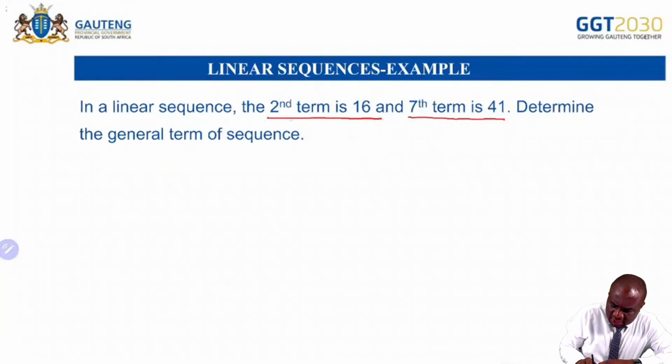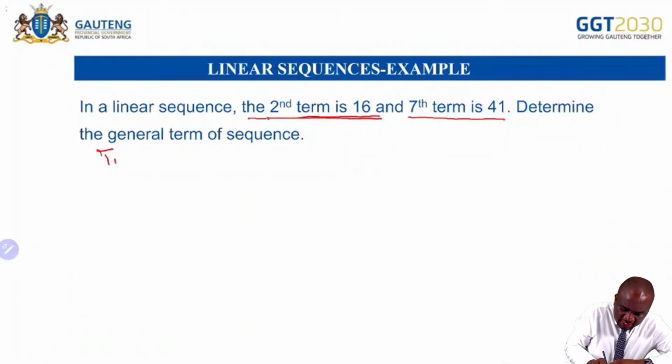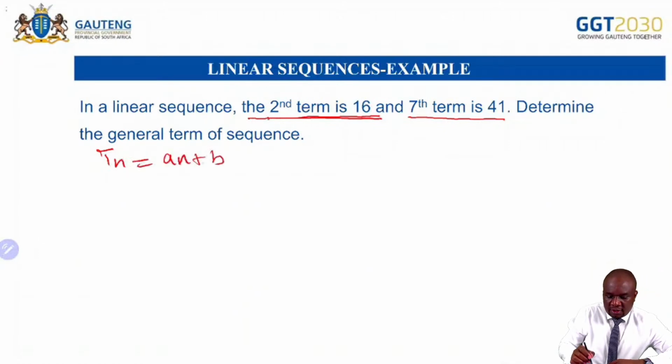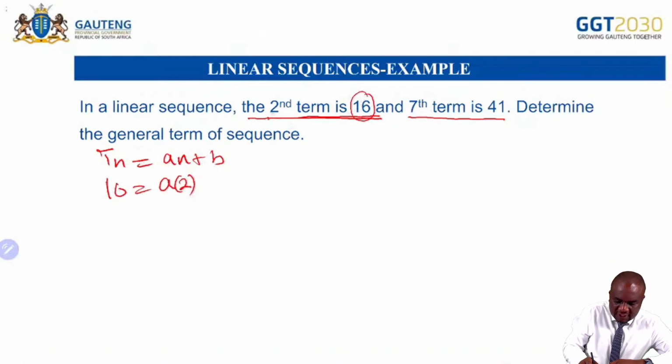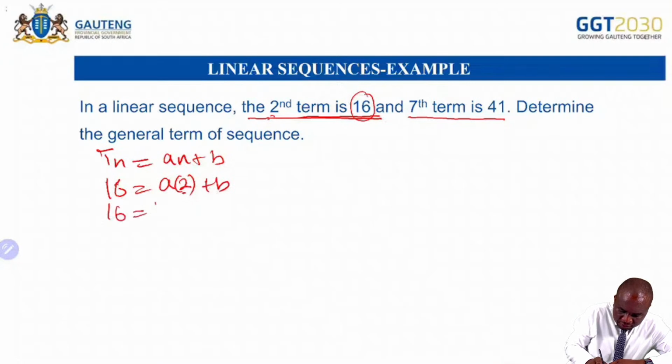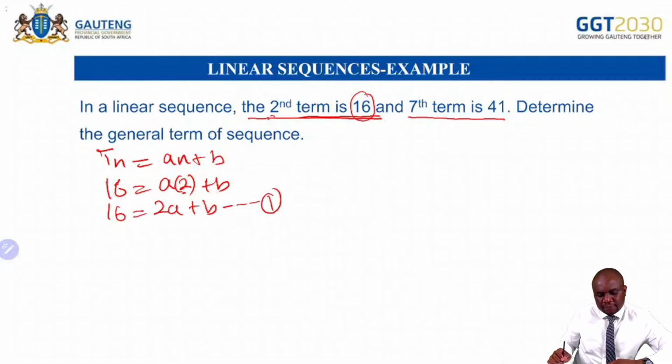Right, let's create equation 1 using this. The second term is 16. Remember, our Tn is equal to An plus B. So if the second term is 16, it means 16 is equal to A times 2, because n is 2, plus B. Let me write it like this: 16 is equal to 2A plus B. We name it equation 1.